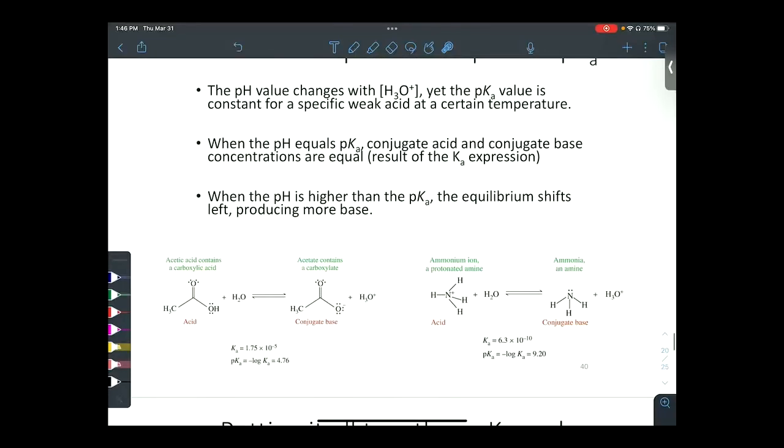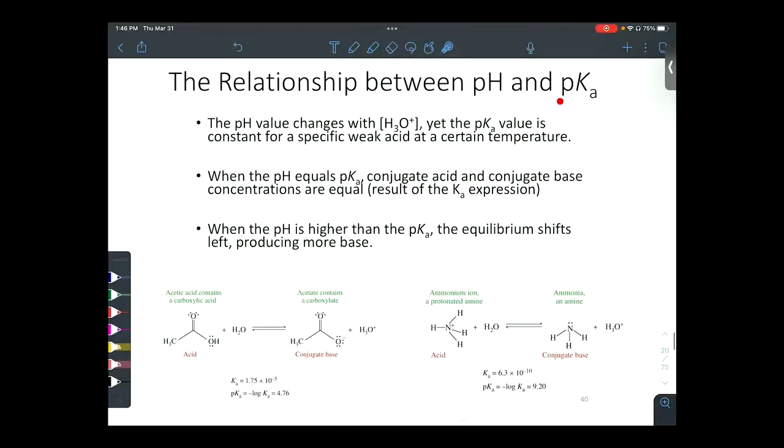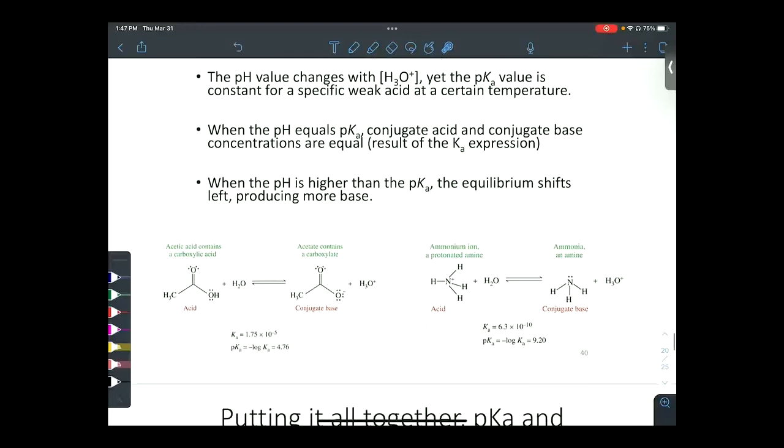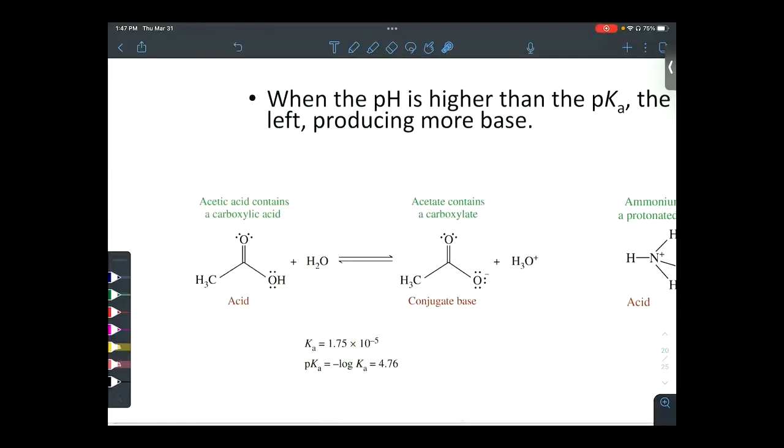You'll often see pKa values for different acids, and all it's telling us is the relative strength of the acid. For example, this is acetic acid, so I can tell you the Ka value. If you plug that number into the negative log expression, you get a value of 4.76.